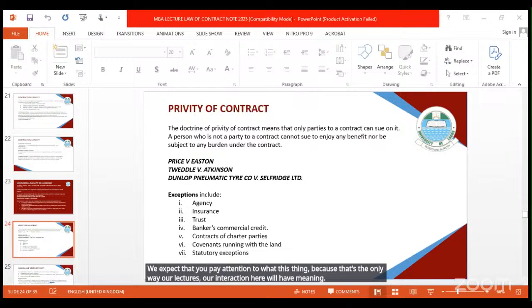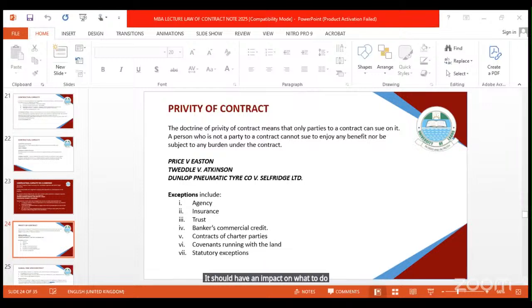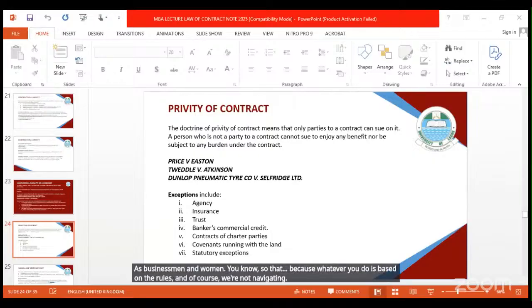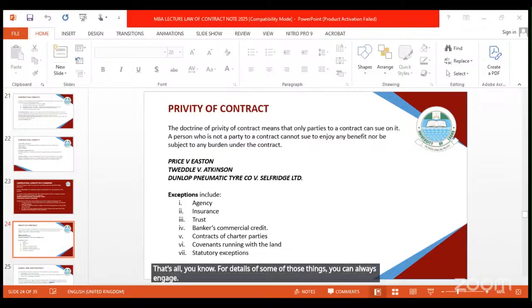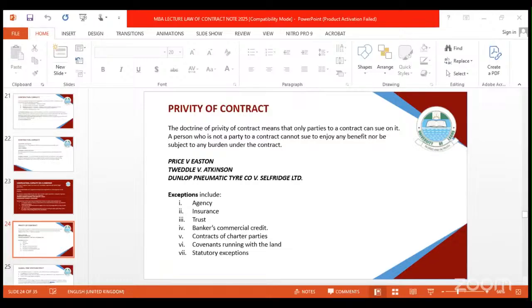It should have impact on what you do in your profession as businessmen and women, because whatever you do is based on the rules, and of course we're just navigating some of those things for you, so you can open your eyes. That's all. For details of some of those things, you can always engage us further, or read further and get more information. But this is just to highlight them and bring them to your attention.